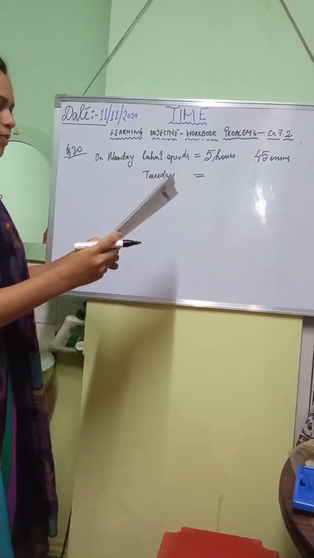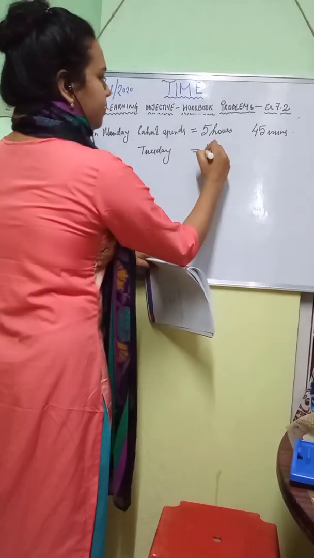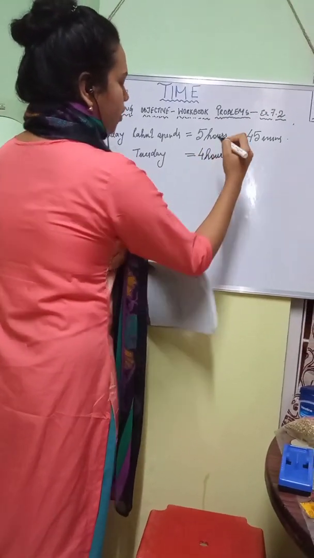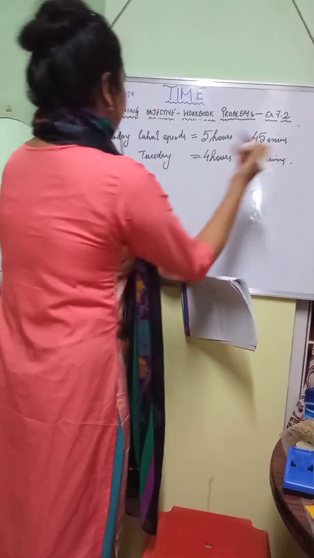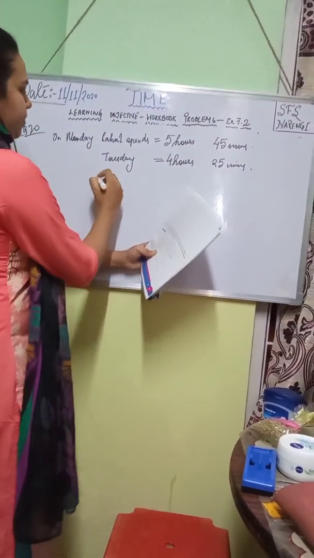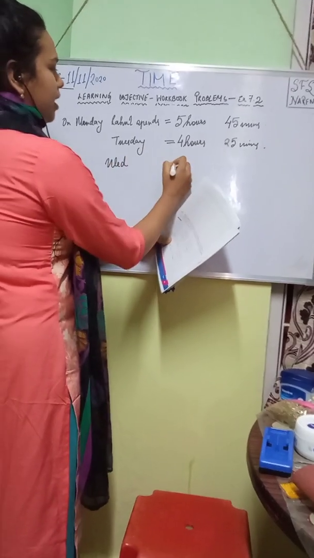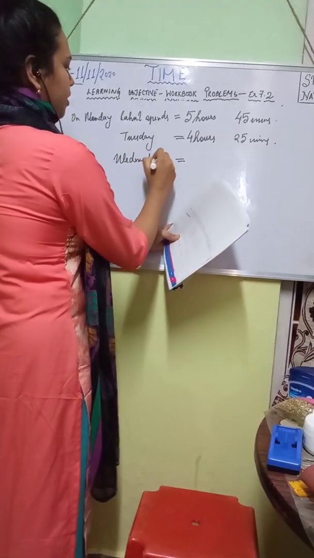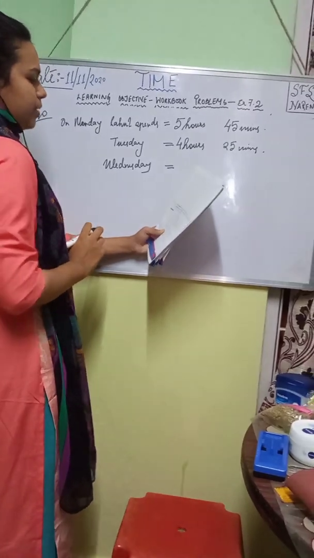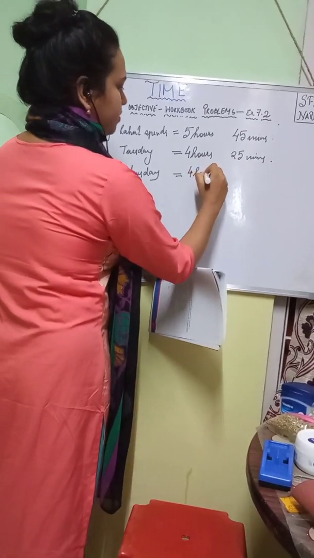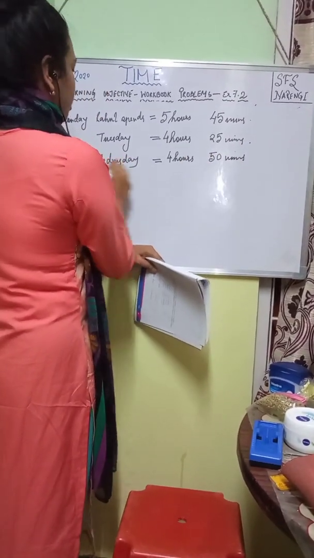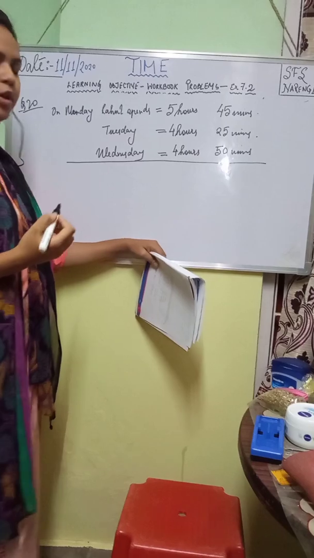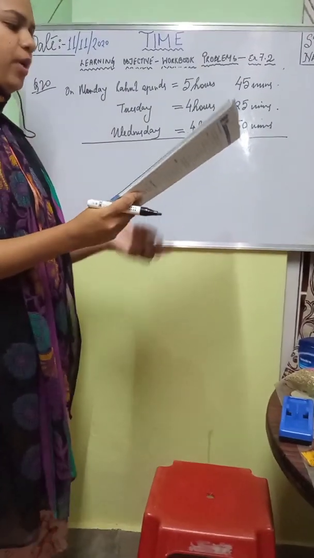On Tuesday, he spends 4 hours and 25 minutes, right? And on Wednesday, how much did he spend? On Wednesday, he spends 4 hours and 50 minutes. Okay. So, now what do we have to do? We have to find the total time that Rahul spends on all 3 days at his work.